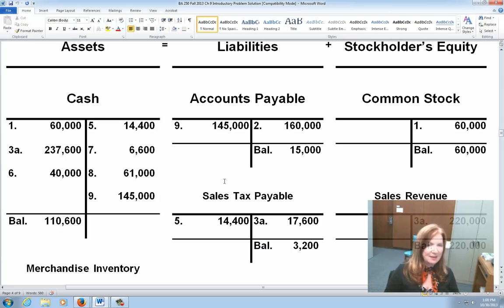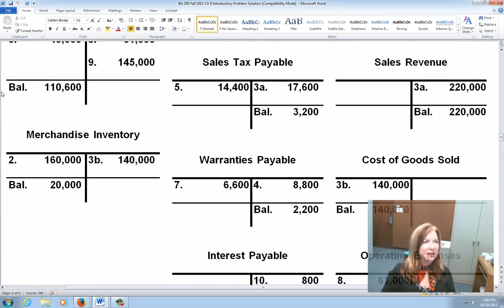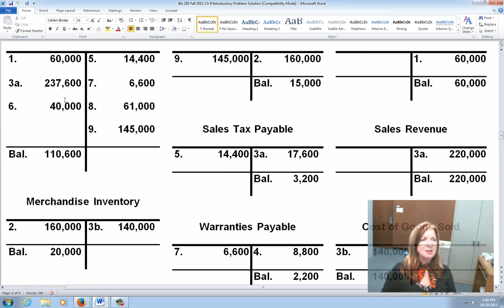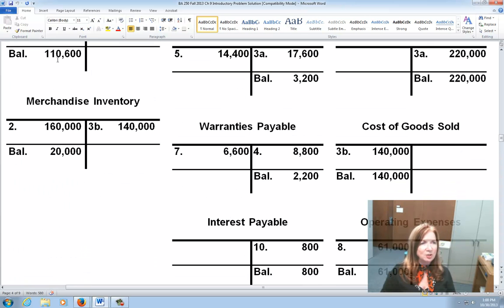And then prepare the income statement, balance sheet, and cash flow statement. Well, the first step in doing that is to calculate the balances. So these are assets over here in the left-hand column. They all increase with debits, so they're going to have debit balances. So there's only 2 of them.